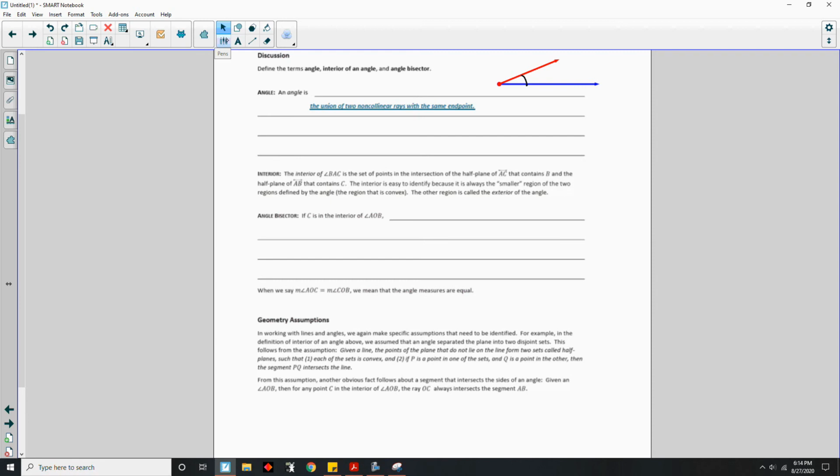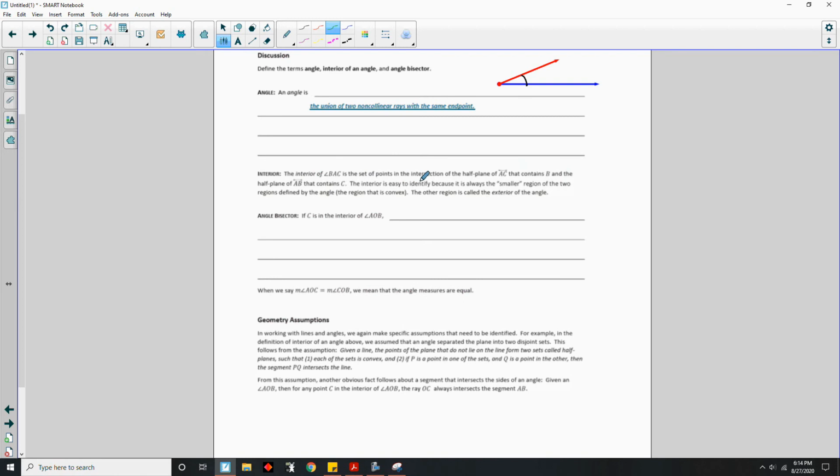So let me just switch to my pen. So that's ray AB, I believe. Or is it line AB? No, it's line AB. The interior of angle BAC is the set of points in the intersection of the half plane of AC that contains B and the half plane of AB that contains C.